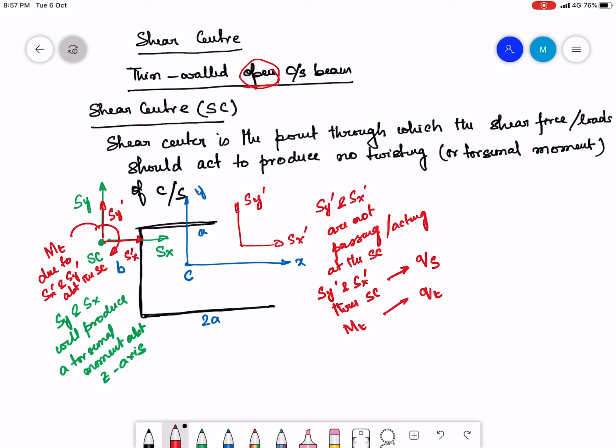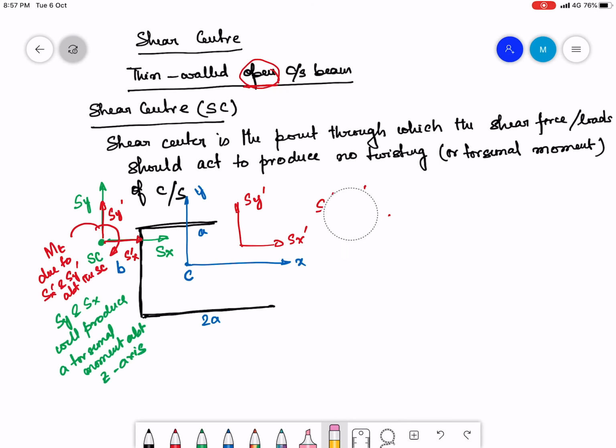So the actual shear flow is going to be q, which is qs plus qt. So that is the reason why we need to find the shear center for a given cross section. Let me just summarize whatever we have discussed and put it in words.